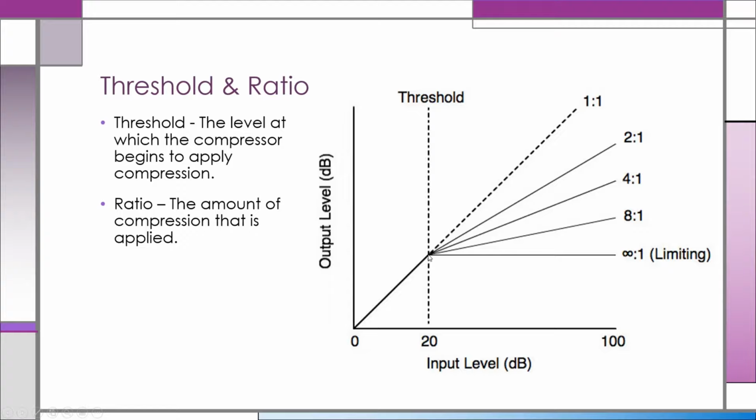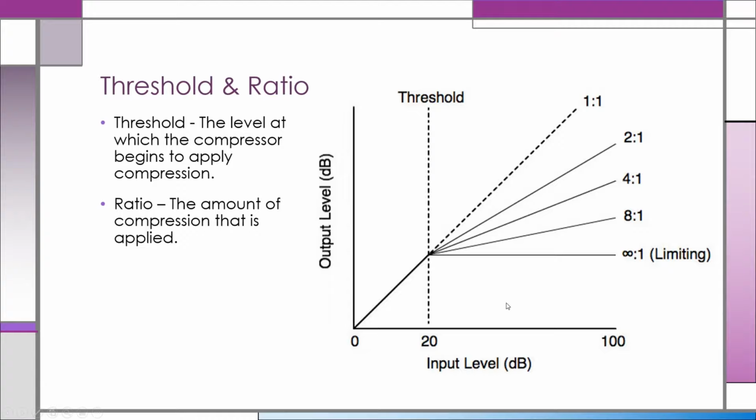All right, so for every 1 decibel above our threshold, we would actually output 1 decibel above our threshold, right? It wouldn't be affecting the signal at all. However, if we have a 2-to-1 ratio, that means for every 2 decibels over our threshold, we're only actually going to allow 1 decibel through in our final signal.